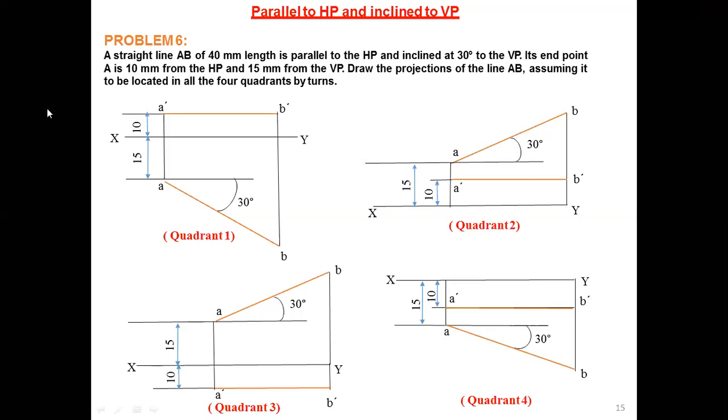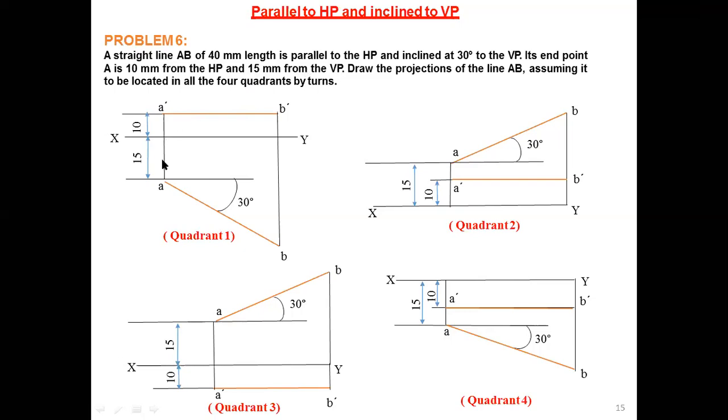Yes, sir. Okay, first you need to draw the XY line. He has given this condition. Its end point A 10 mm from HP means above HP. Above HP means that we can see in VP. So from the XY line, take 10 mm, draw the locus line. Then 15 mm from VP means that we can see it in HP.